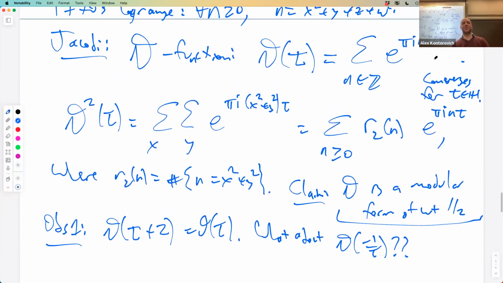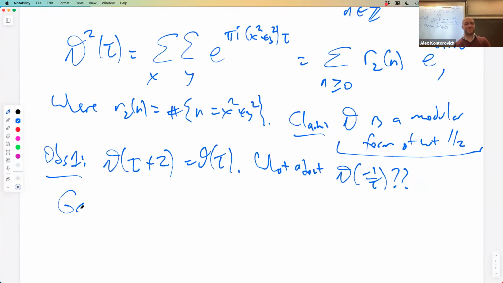What do you think will be a useful thing to do with a function like this? We have a sum over all the integers of something. Yes. And Poisson summation. Poisson summation of what?